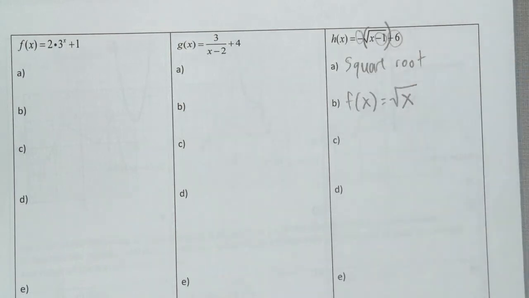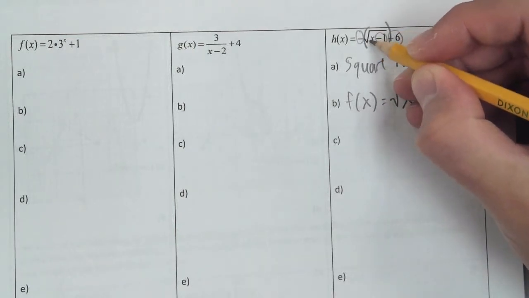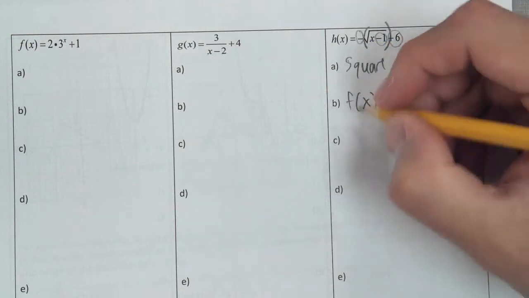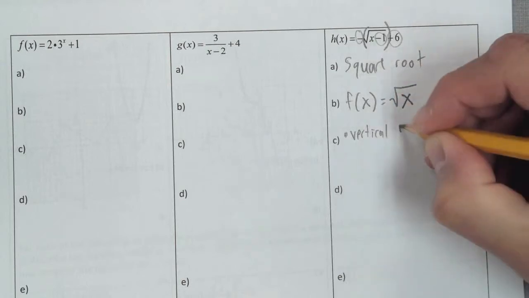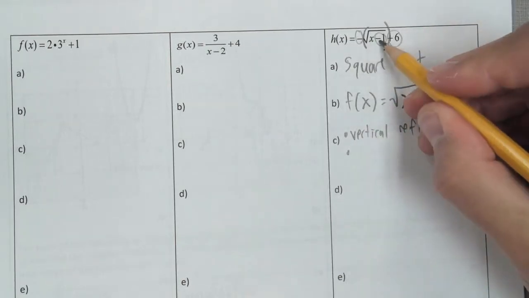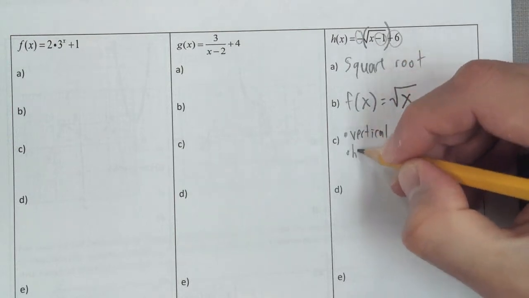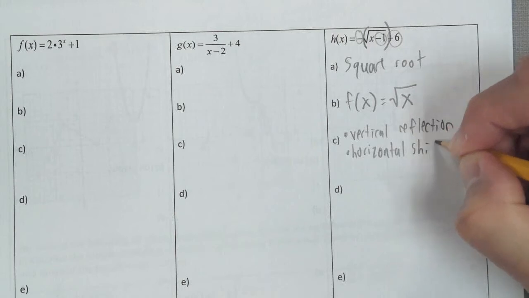With C, we'll just start identifying. Well, this is on the outside of my operation. If it was in here, that'd be on the inside. This is on the outside of the operation, so that's going to be a vertical reflection. That's that. Moving on. -1, that's going to be a horizontal shift.